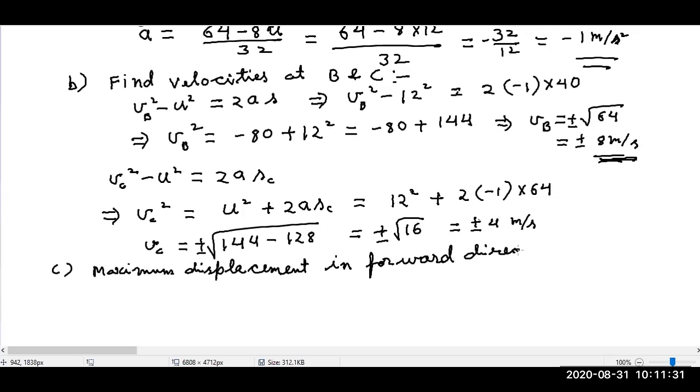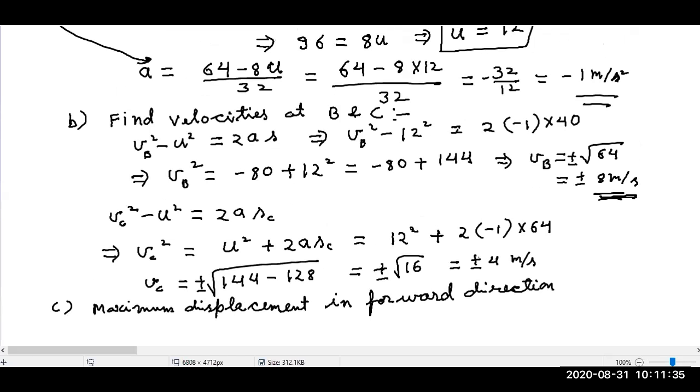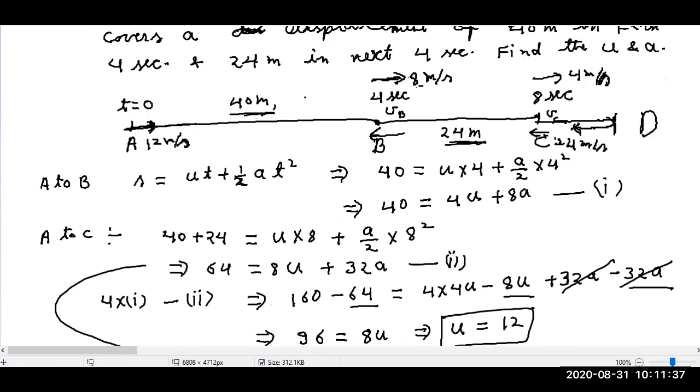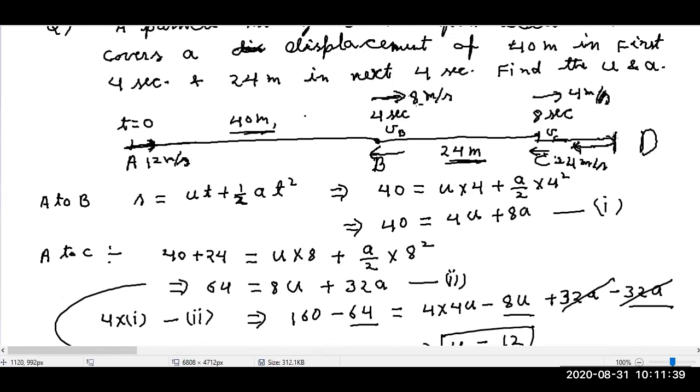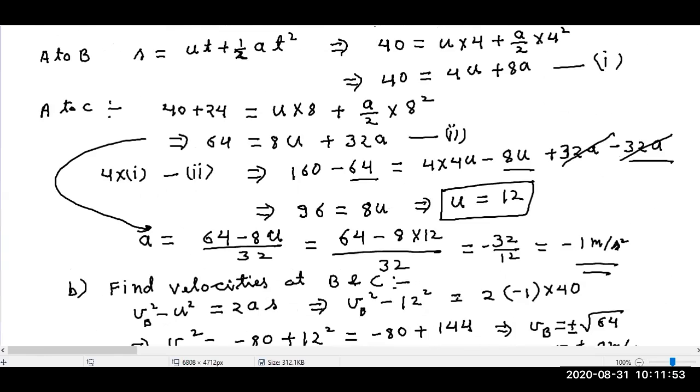So for maximum displacement, what we can do is either we can use maxima minima, or we know that maximum displacement occurs when velocity becomes 0, and then the particle will return back. So this is the scenario at maximum displacement, the velocity of the particle becomes 0 and the particle will return back.